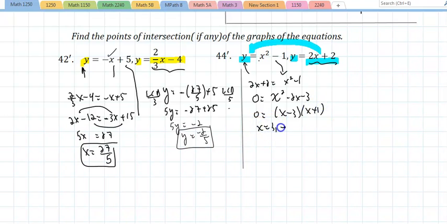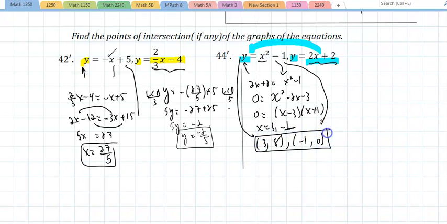X would be a 3 and a negative 1. If x equals 3, I'll use either one, it doesn't matter. Let's say that one. 3 squared is 9, minus 1 is 8. And if I use x equals negative 1, negative 1 squared is 1, minus 1 is 0. Those would be the intercepts.